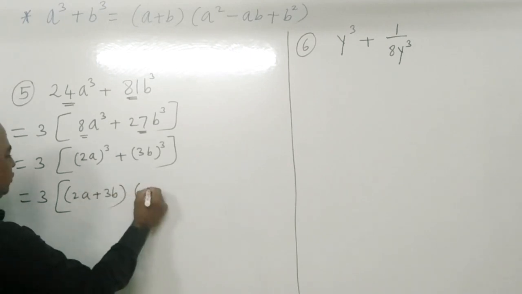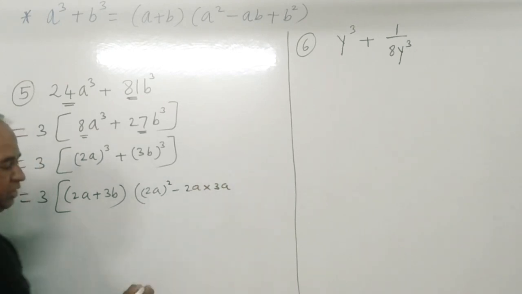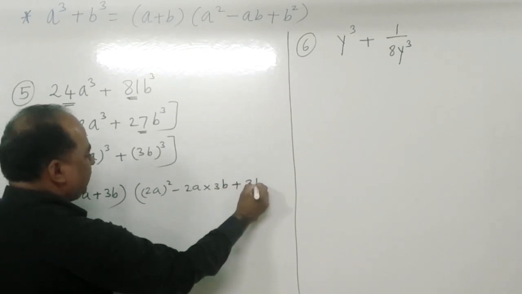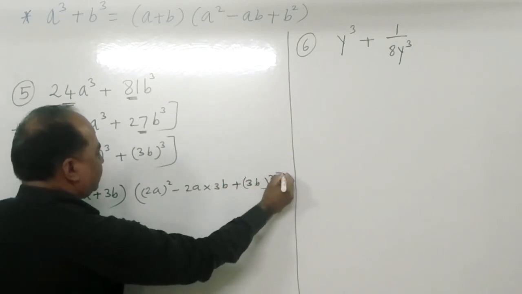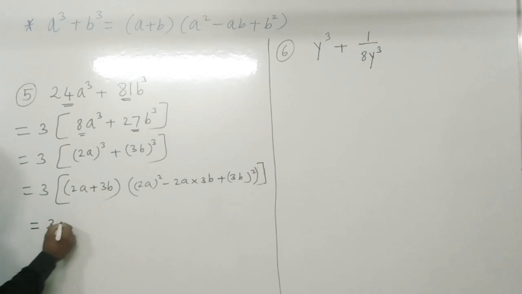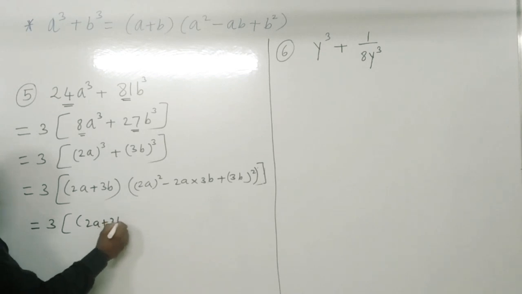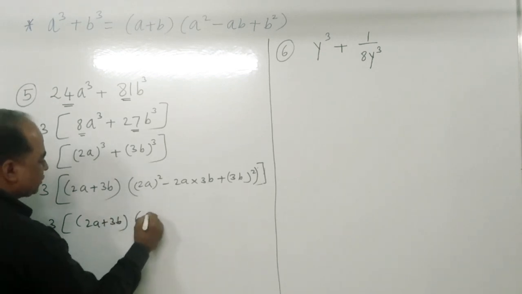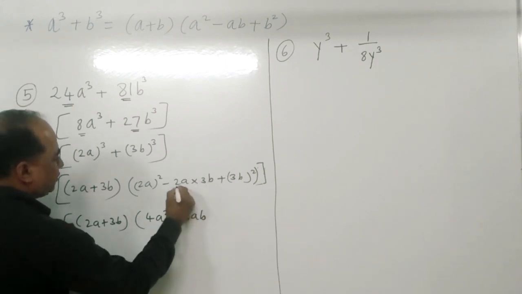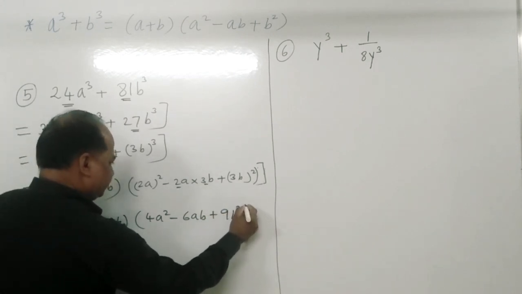So first term is a square, that is 2a square, minus 2a into 3b, plus 3b bracket square, which is equal to 3 into, in the first bracket 2a plus 3b, and second bracket 2a square, that is 4a square, minus 2 is the 6ab, plus 9b square.